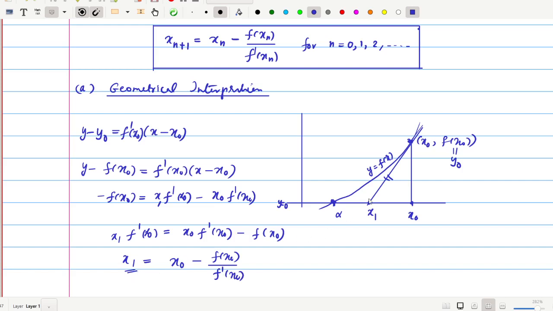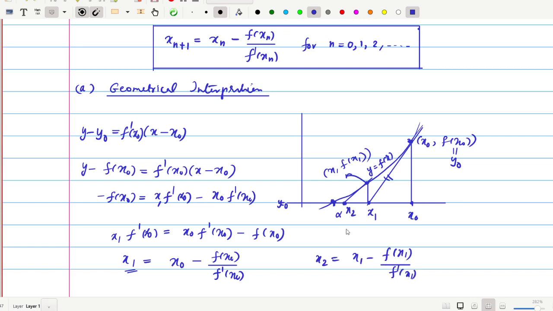Similarly, you consider x1 here, and you get the point x1 comma f of x1. Using the same argument, by considering the tangent here, this point will be x2, so x2 is equal to x1 minus f of x1 divided by f dash of x1.